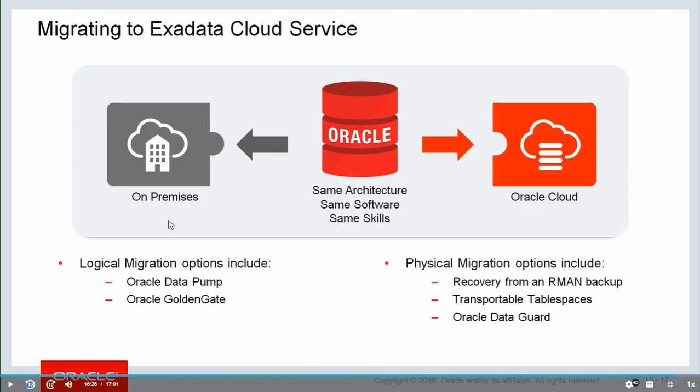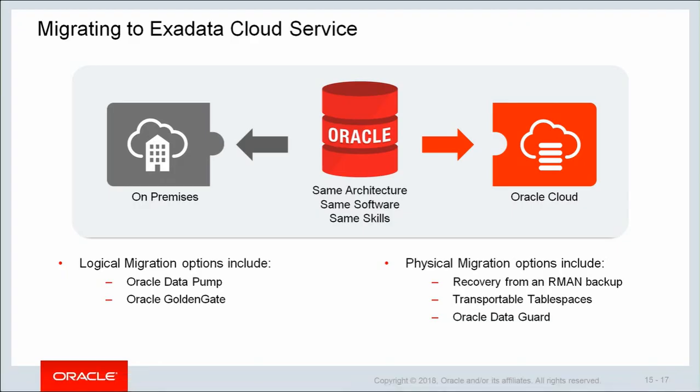You can simply create a physical standby database in the Oracle public cloud and switch over. Or you can use a transportable tablespace, or you can create Data Guard and switch over. So there are many different options available. So you can choose one of the options that is applicable to your environment and your requirements.